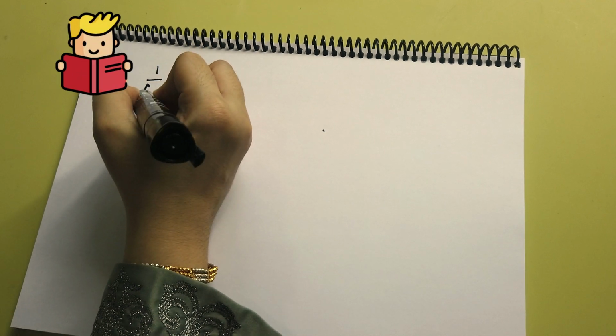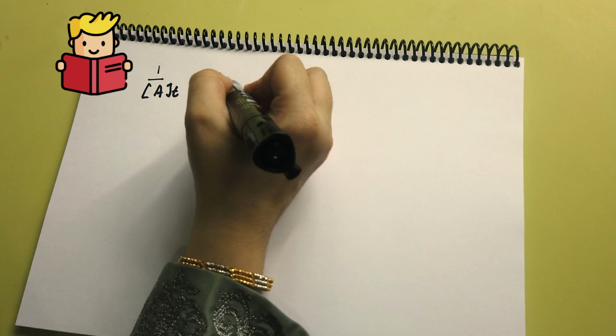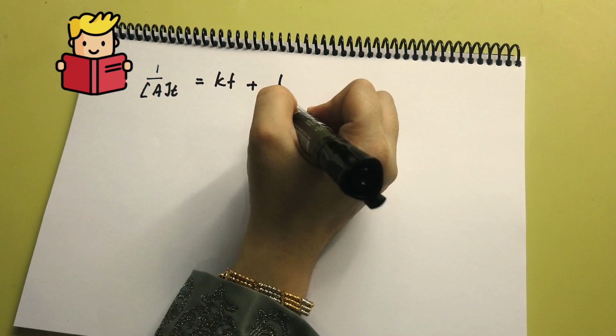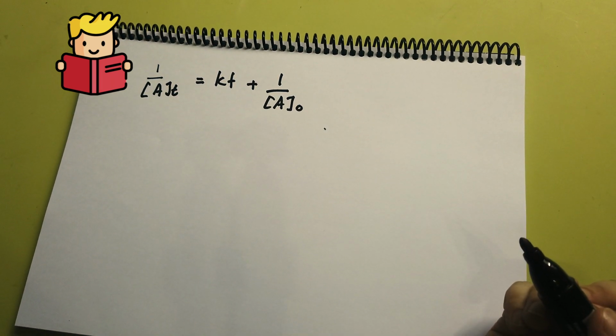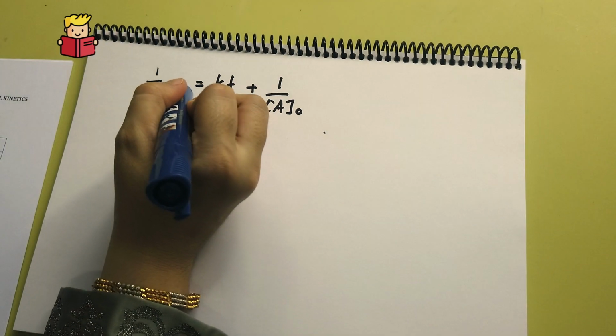For the second order reaction, the formula is 1 over At is equivalent to kt plus 1 over A naught. You were asked to calculate the final concentration, so you are asked to calculate your At.